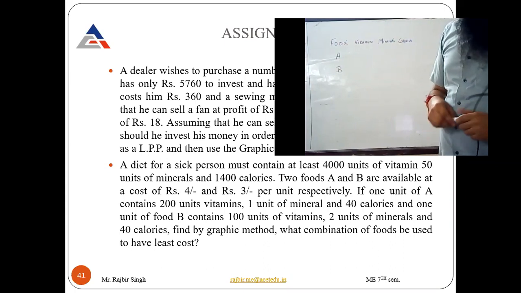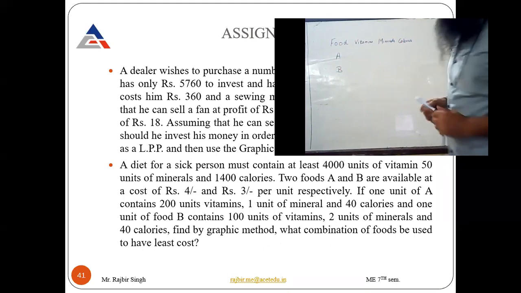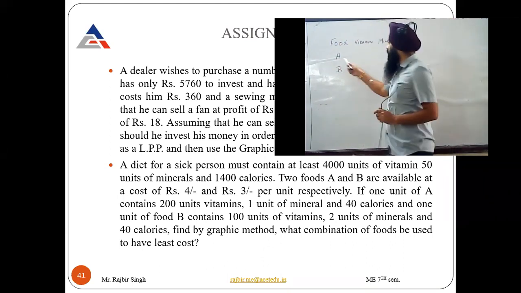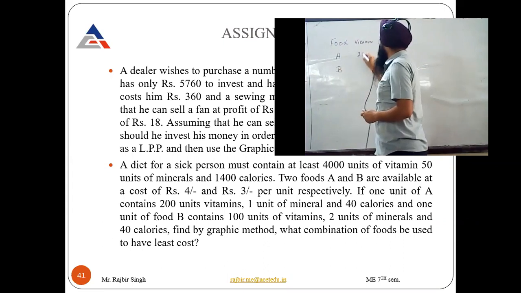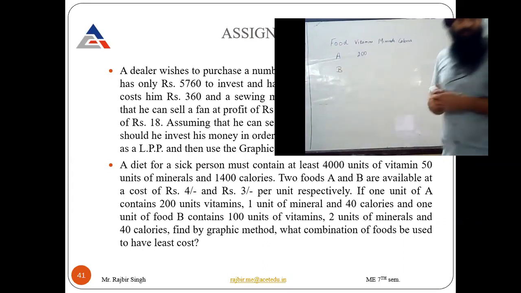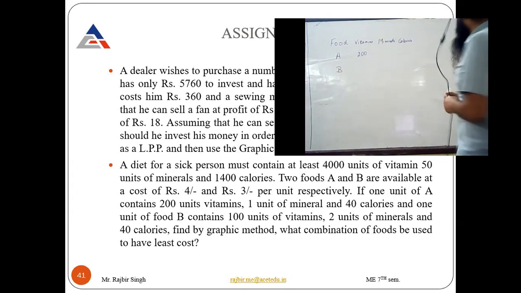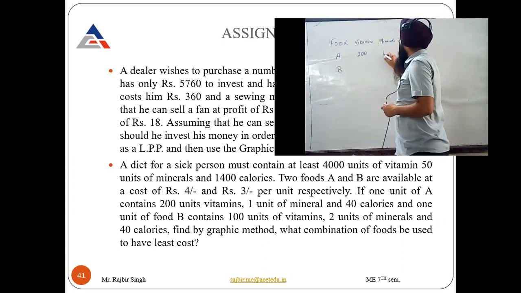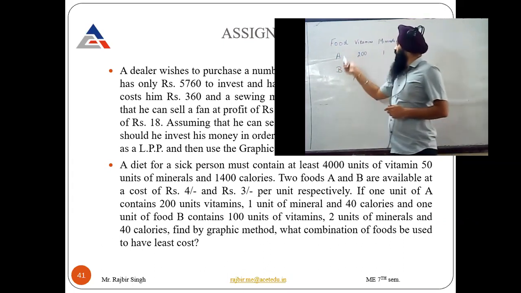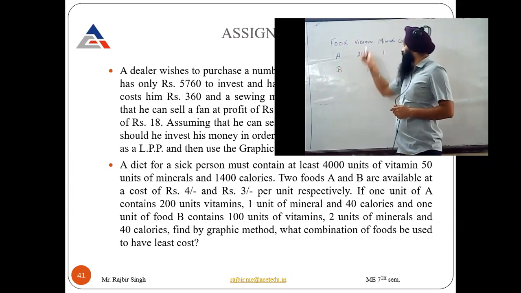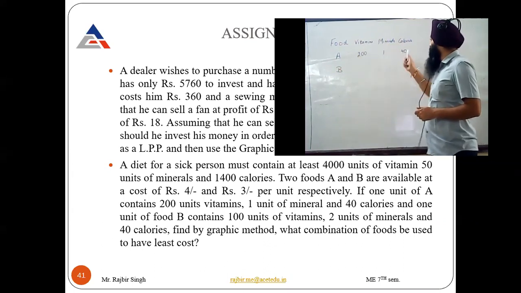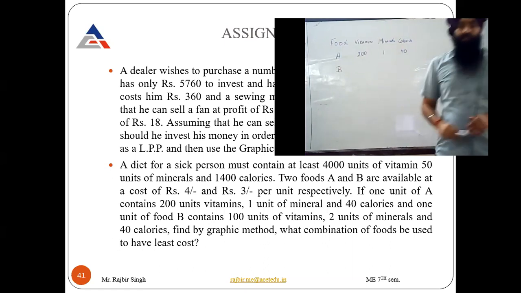Two foods A and B are available at a cost of rupees 4 and rupees 3 respectively. If one unit of A contains 200 units of vitamins, one unit of mineral and 40 calories, then food A contains 200 units of vitamins, 1 unit of mineral and 40 units of calories.